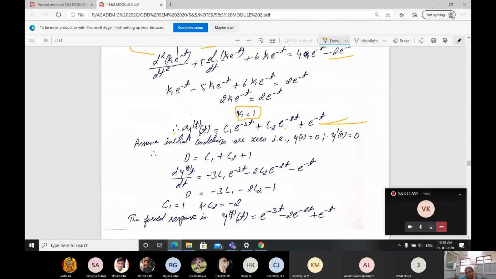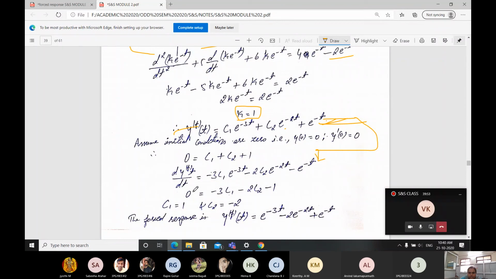Then differentiate the forced response. After differentiation you will be getting minus 3 c1 e raised to minus 3t minus 2 into c2 e raised to minus 2t minus e raised to minus t. Then y dash of 0 is going to be 0.